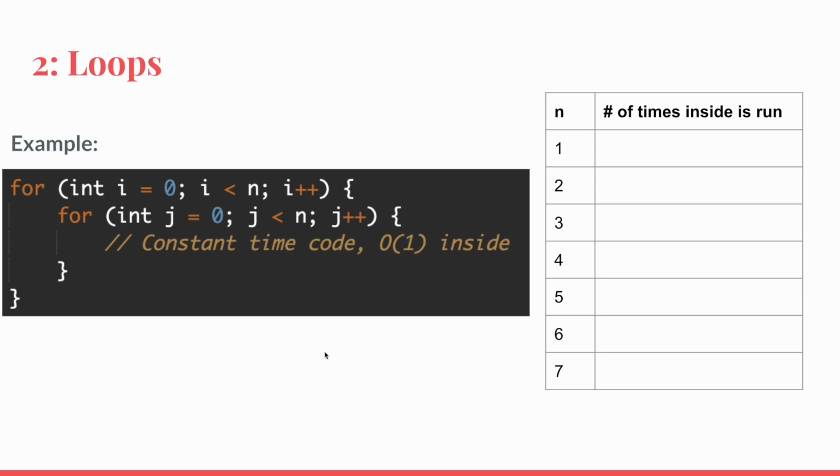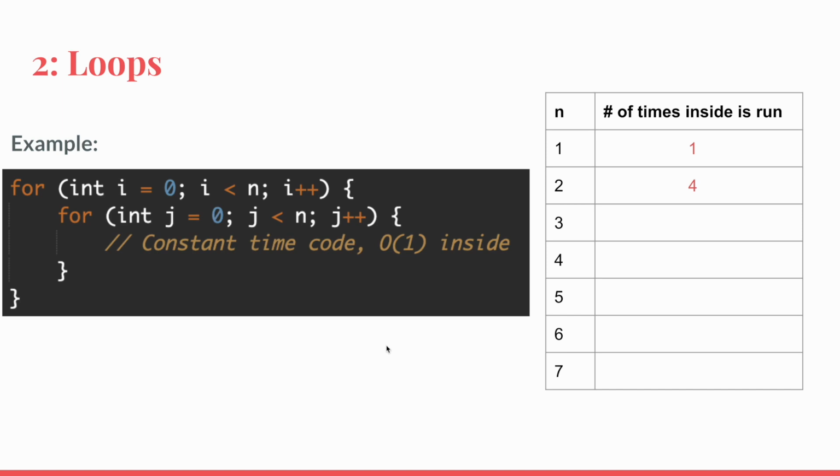If n is 1, the inside portion of the code is run 1 time. If n is 2, the inside portion of the code runs 4 times, because the first loop runs a total of 2 times, and for each iteration of the first loop, the second loop also runs 2 times, and 2 times 2 is 4. So we get 4.